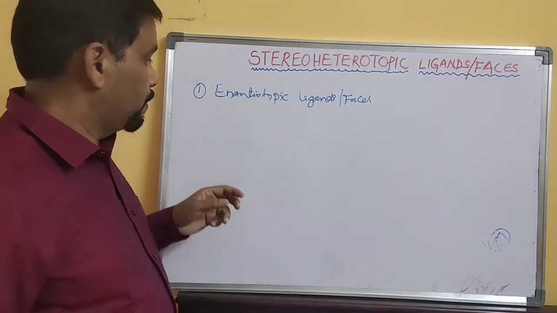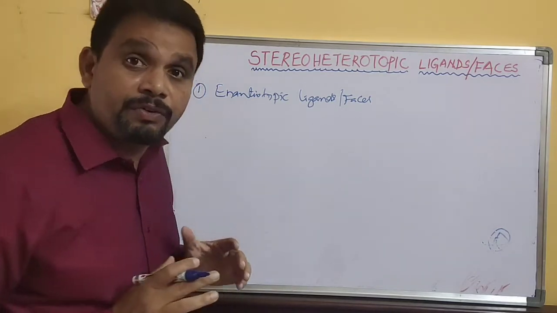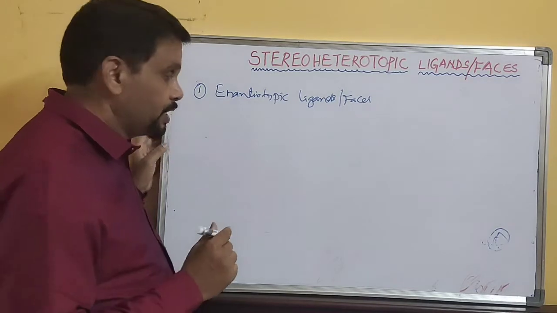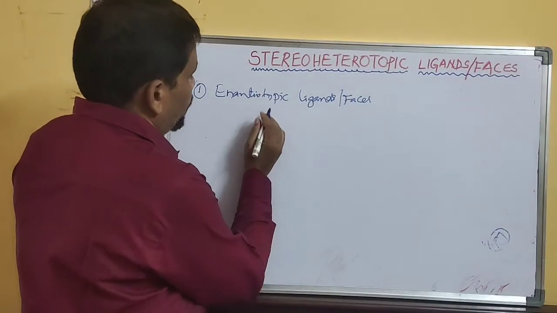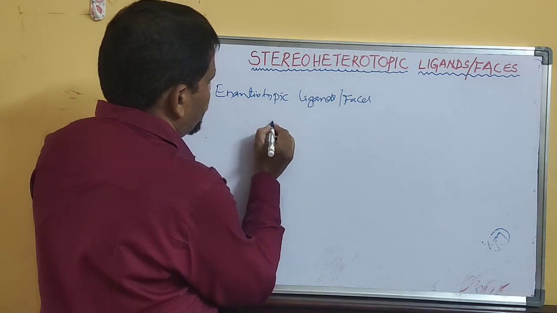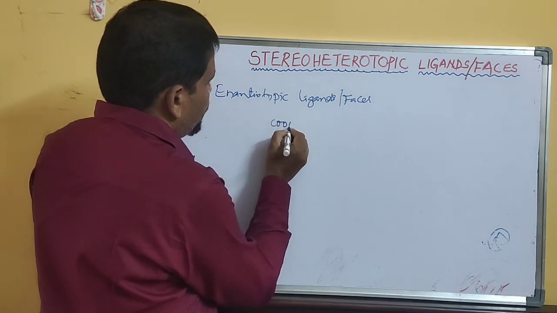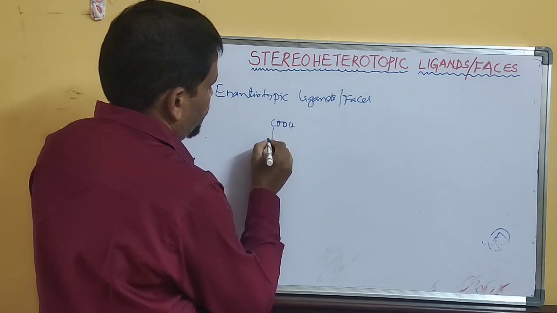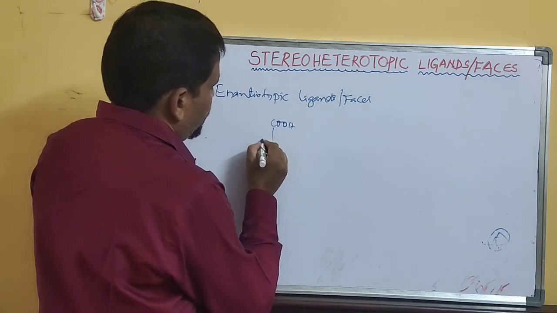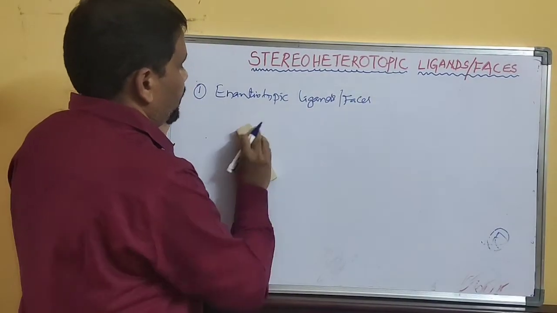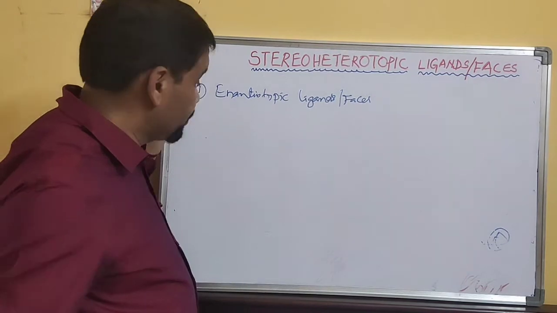Now I'll give you a different example which has a different symmetry element in it, like tartaric acid. I'll write the Fischer formula for that.